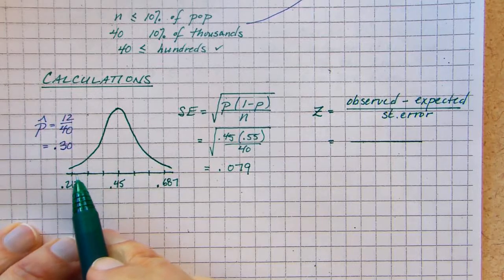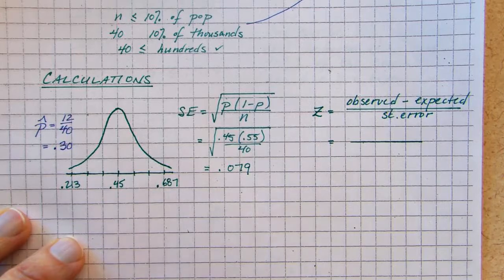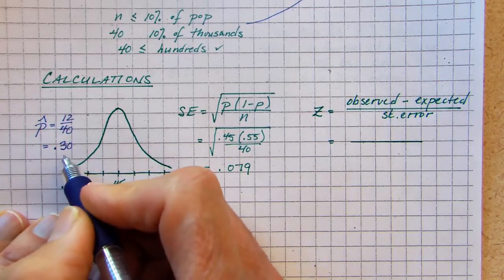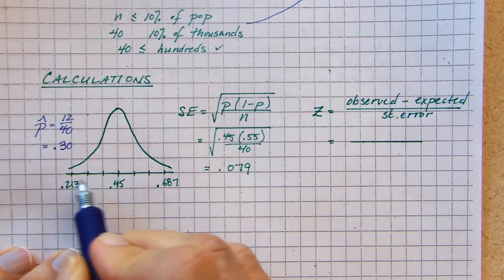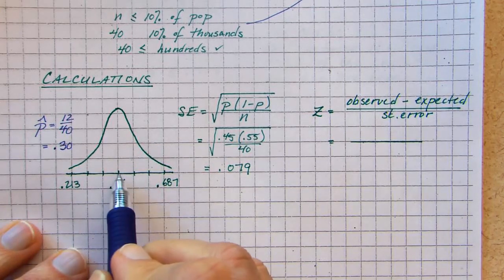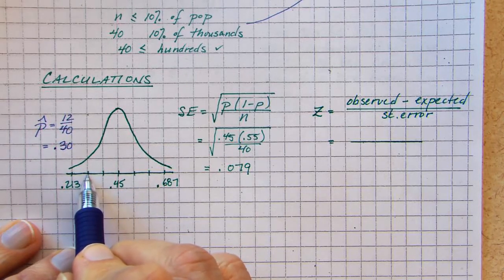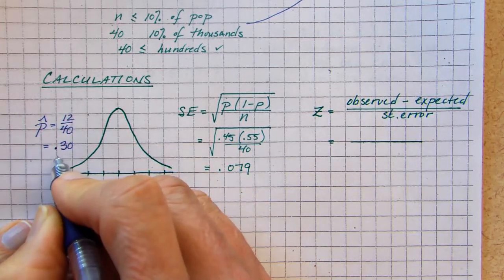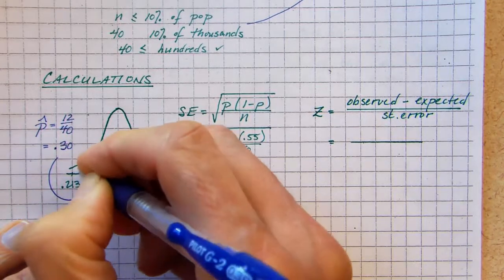So here are the percentages I would be expecting to get if I was drawing from a 45% population. Now, Rowan's sample is 30%, and I'd like to figure out where 30% is. It's certainly on the curve, but exactly where? If this is down about 7 and 14, then 30% is probably sitting right around here.